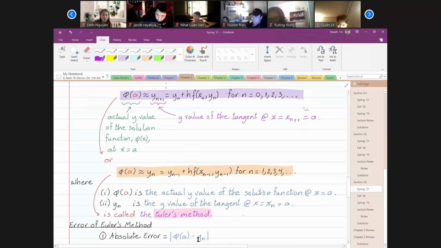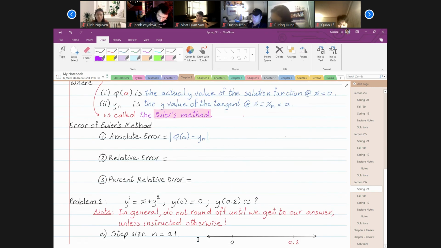Okay, so this one stands out. I prefer using this, the actual value minus the approximate value.